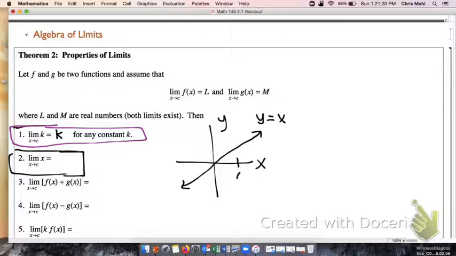So if this was c right here, and I look at this point on the graph, the y-coordinate is also c. If I'm approaching c on the x-axis from left or right, your function values or your outputs are the same as the inputs. So the limit of x as x approaches c, no surprise, is c. If x is approaching c, x is approaching c. That's essentially what that is saying.